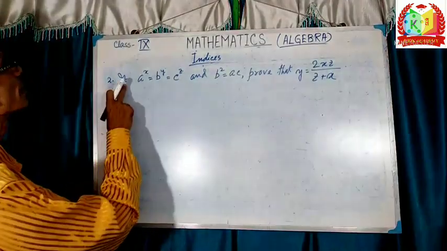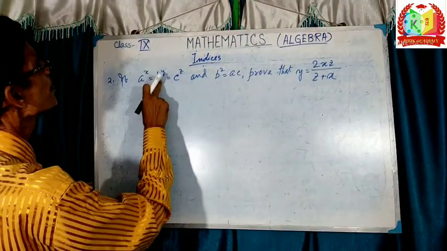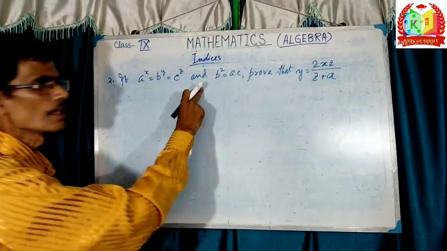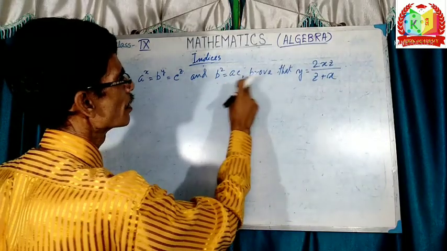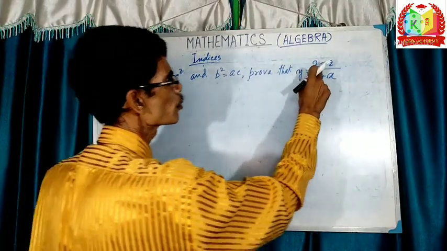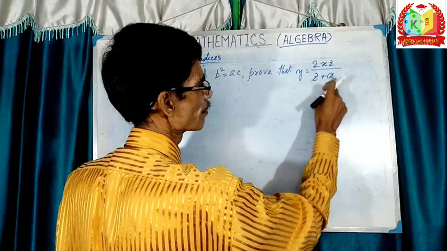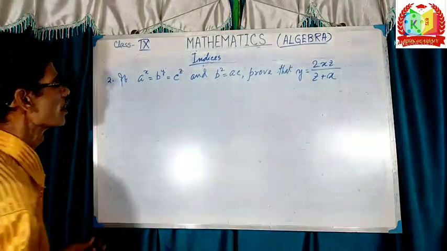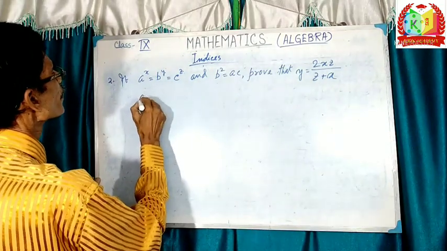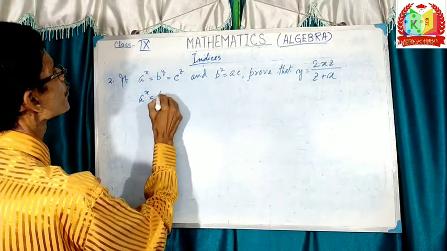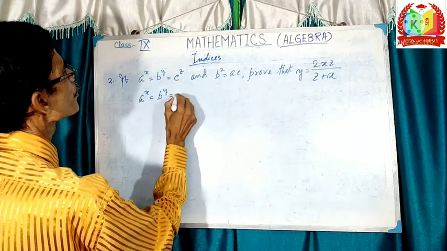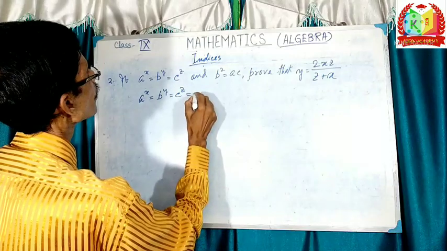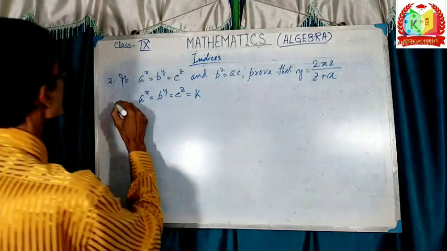Another sum is, if a to the power x equal to b to the power y equal to c to the power z and b square equal to ac, prove that y equal to 2xz by z plus x. How to solve it? Let a to the power x equal to b to the power y equal to c to the power z equal to k.